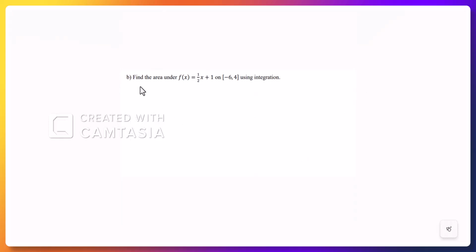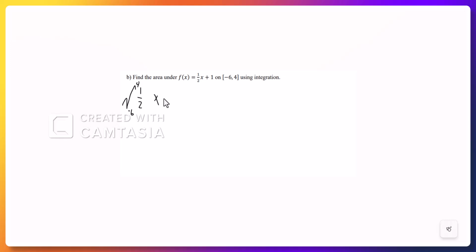Next, we are going to find the area under the function using integration. So this will look like the integral of 1 over 2x plus 1, and the intervals are going to be -6 and 4.